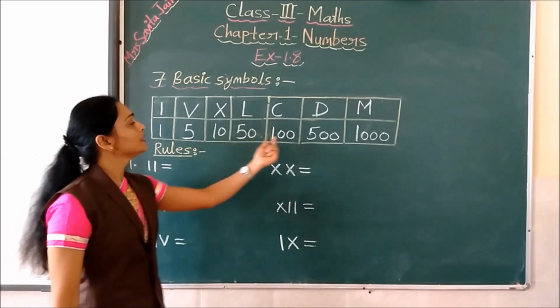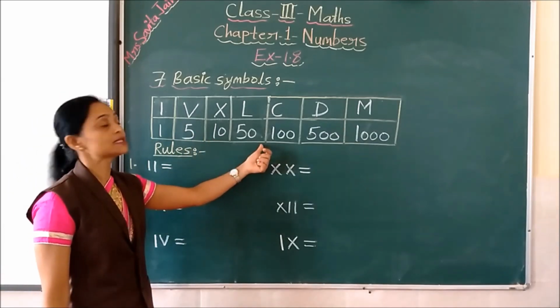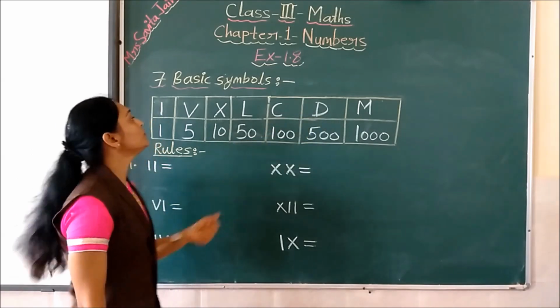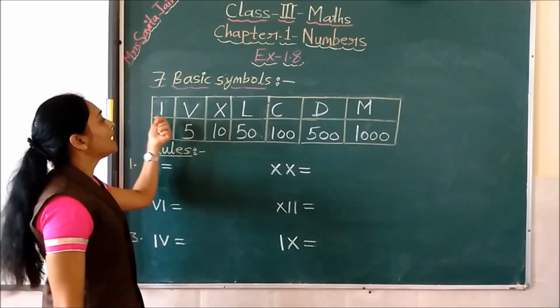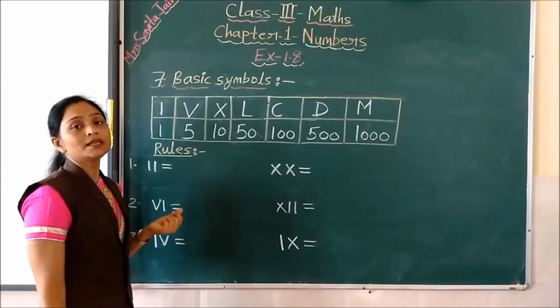This type of numbers. So these are called Hindu-Arabic numerals. And these are Roman numerals. So first we will see 7 basic symbols which are very important to write Roman numerals.